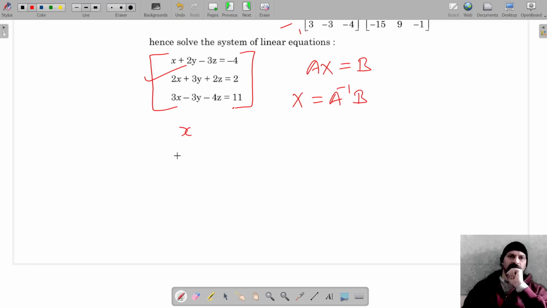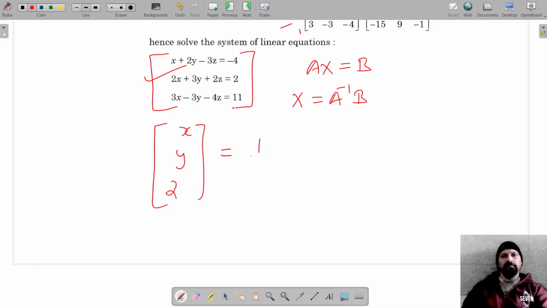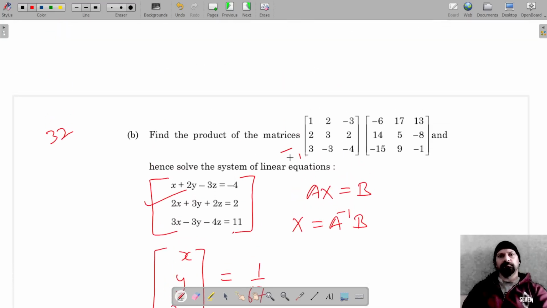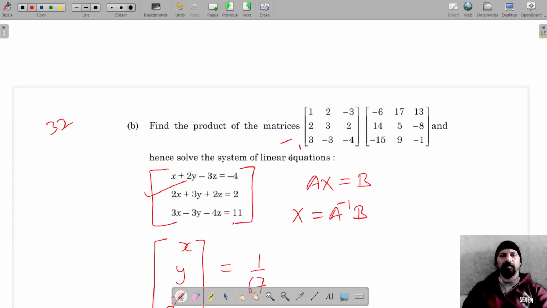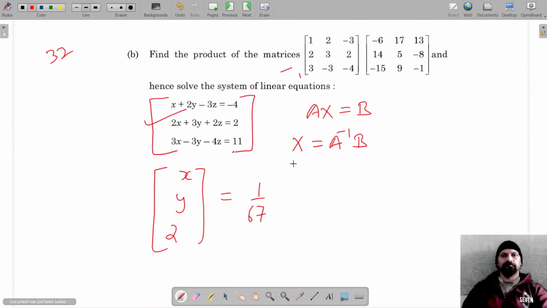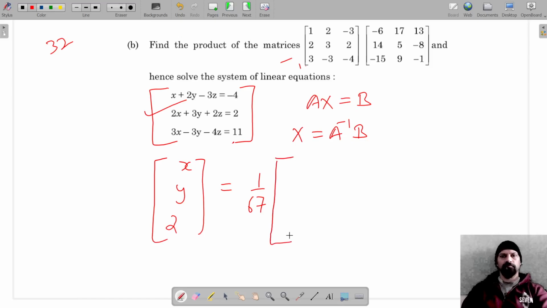So here x has the variables in the matrix form, and A inverse B is 1 by 67 into negative 6, 17, 13, 14, 5, negative 8, and then negative 5, 9, and negative 1.